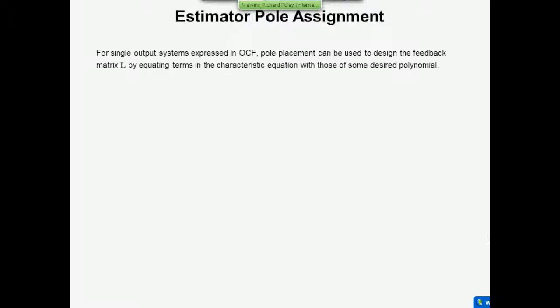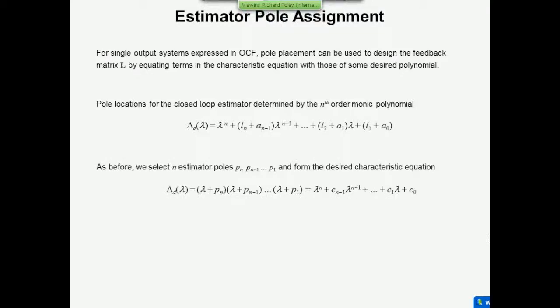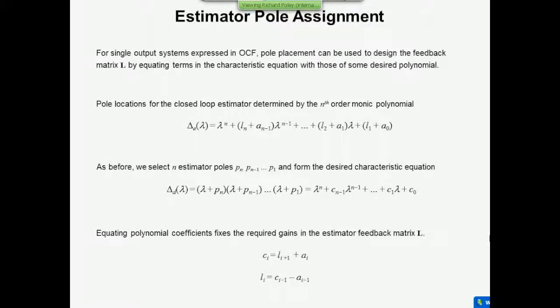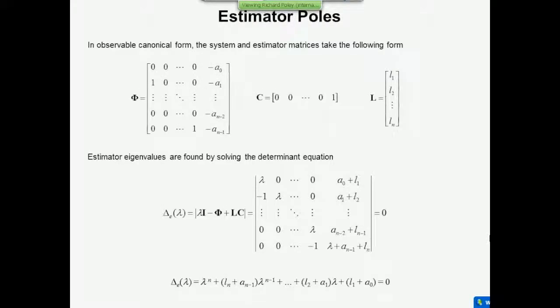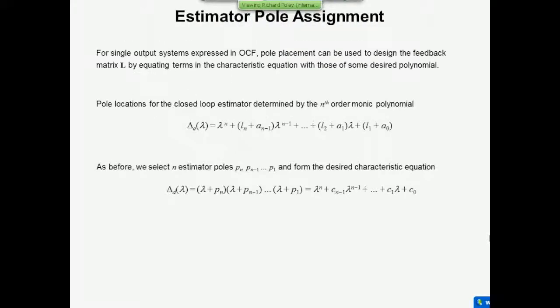You select the eigenvalues you want, and you just match the coefficients across. So here are the estimator eigenvalues you've got, placed based on the elements of the L matrix. I've animated this. Then you choose the ones you want, and again you choose real or complex conjugate eigenvalues. That tells you the factored form of this characteristic equation, expanded out, and now it becomes a matter of matching coefficients.